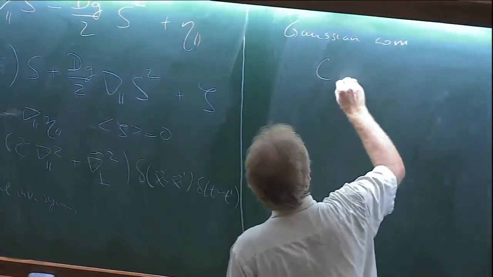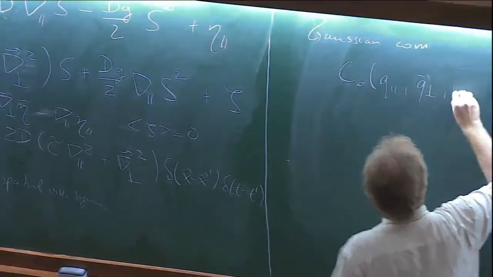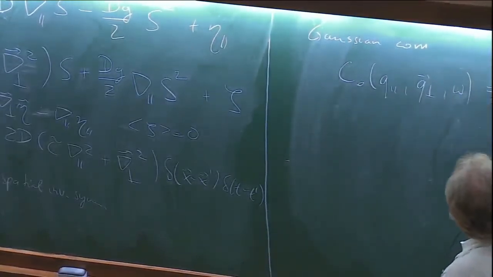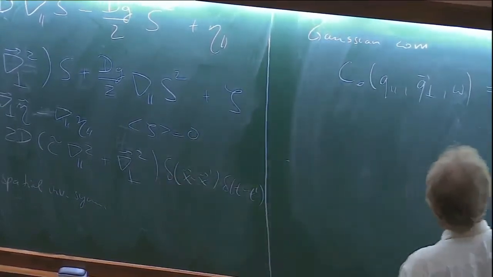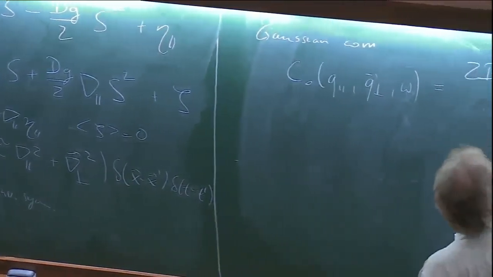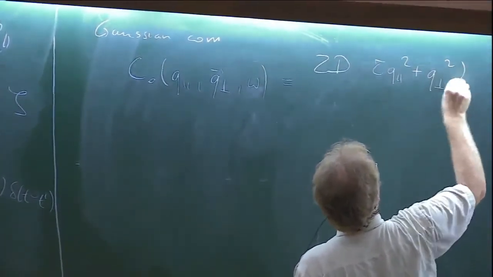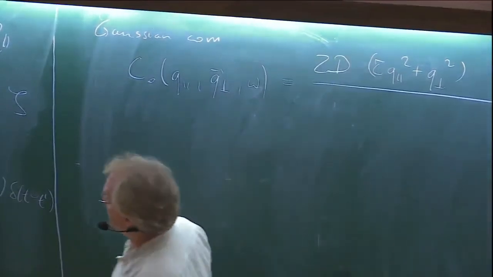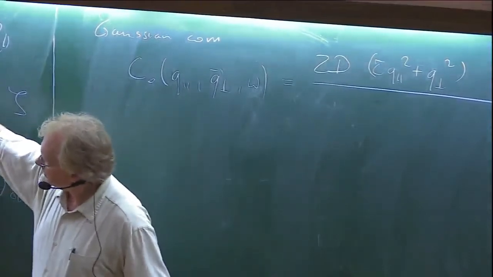So I would have a Gaussian correlation function that depends on wave vectors parallel, perp, and frequency. Upstairs, I get the noise strength in Fourier space, so I would have 2D C tilde times q parallel squared plus q perpendicular squared.